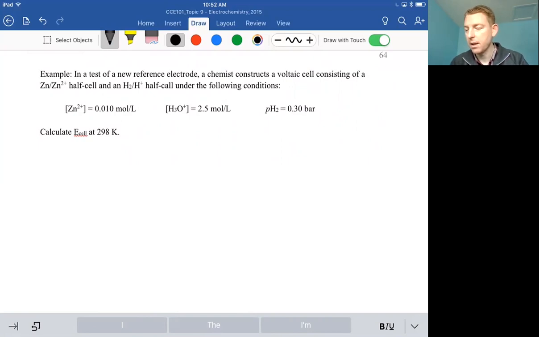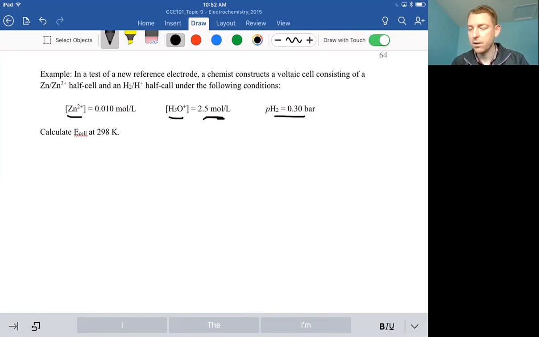And then it gives us some concentrations for the zinc and for the acid. Reminder that this could also be presented as a pH. And now we also have a partial pressure of the hydrogen gas.